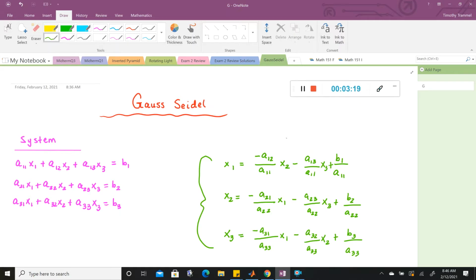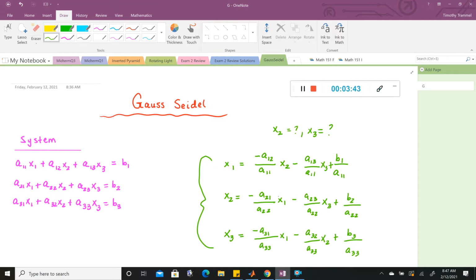There we go. So what we do is we pick a value for x2 and x3, and we substitute that into the first equation, and that gives us an estimate of x1.